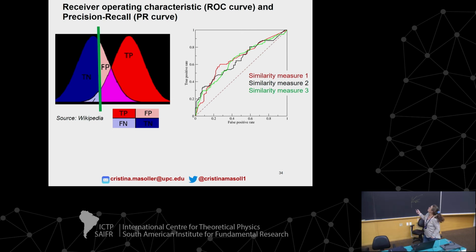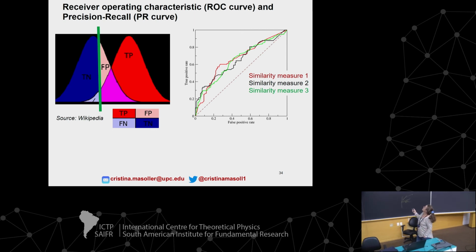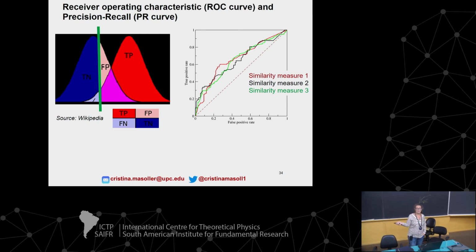When you change the threshold, let's say that you start with a very low threshold. With a very, very low threshold, you detect everything. Everything is positive, because everything is significant if your threshold is very low. So that means you detect everything as positive, but you have a lot of false positives too. So you start at the top of this line. As you start increasing your threshold, you hopefully remove only the mistakes.